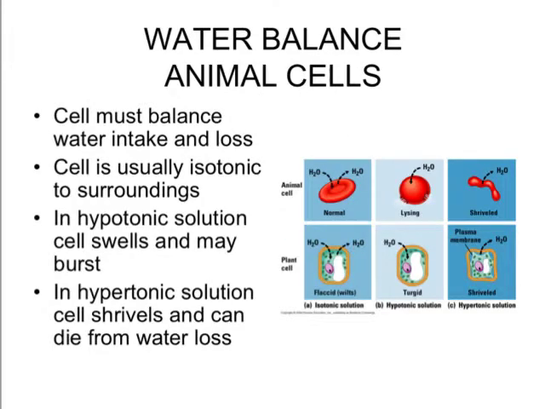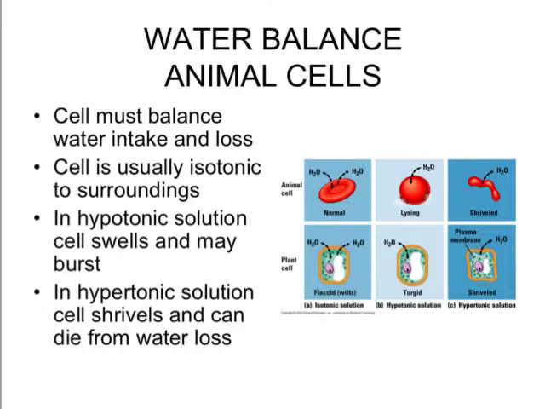Water balancing is one of the most important functions that a cell membrane can do, because it will basically determine whether a cell is nice and turgid, or whether it bursts, or whether it shrivels, depending on the movement of water. Because remember, water is one of those molecules that diffuses easily through the cell membrane.